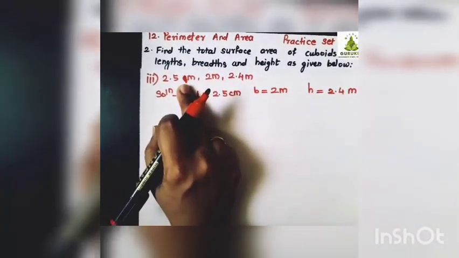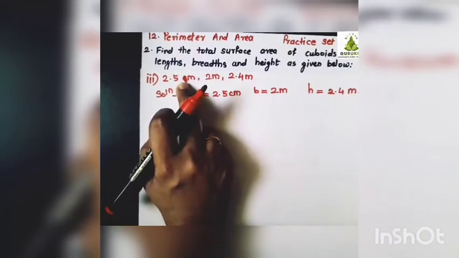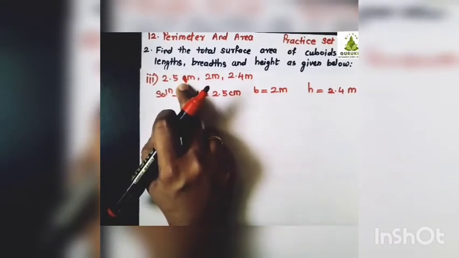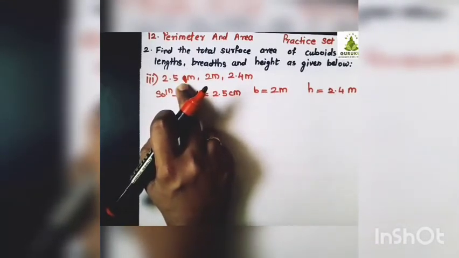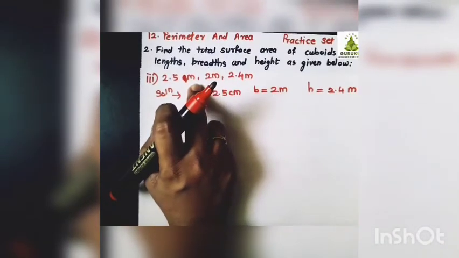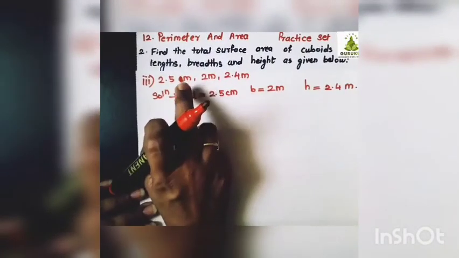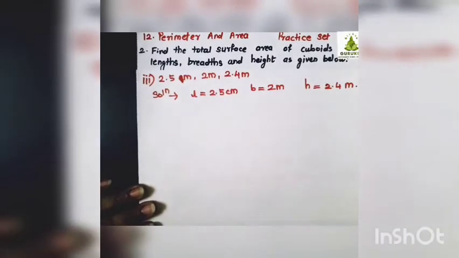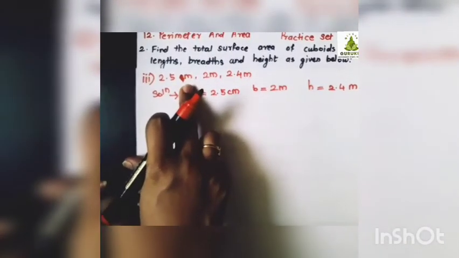So if in your textbook centimeter is written, you have to change it to meters. Otherwise we can convert this centimeter to meters and solve, but then our answer will not tally with the answers given in the textbook. So we will change it to meter.